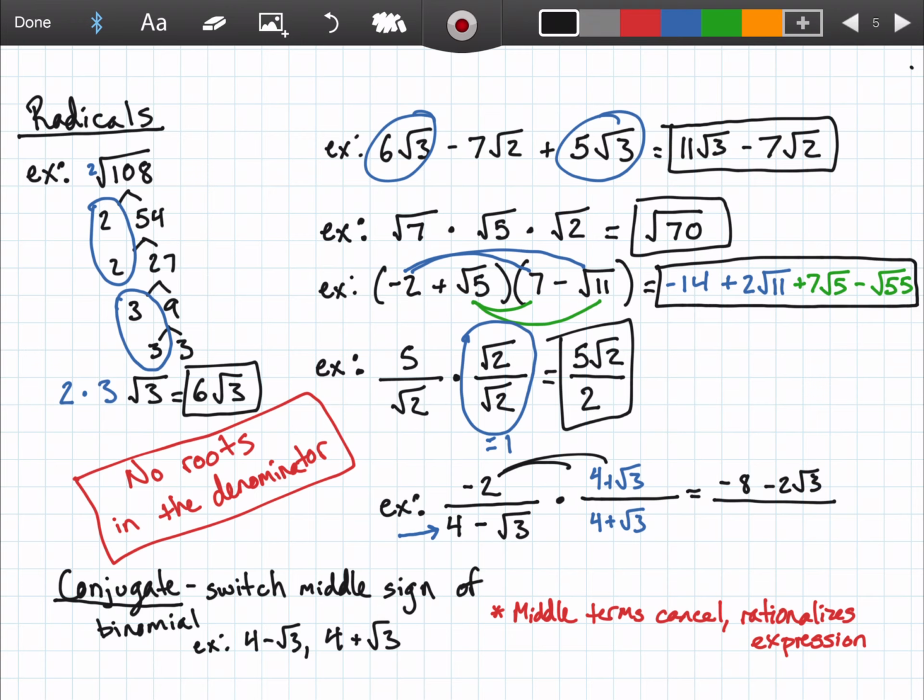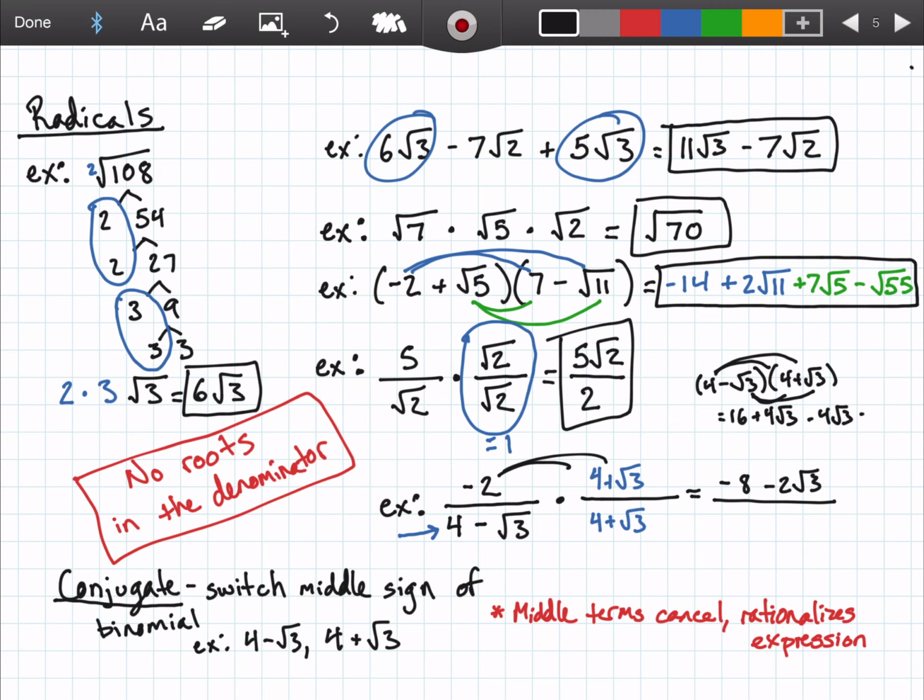On the bottom, let's see, 4 minus root 3 times 4 plus root 3. I got a 16 plus 4 root 3 minus 4 root 3. Negative root 3 times positive root 3.